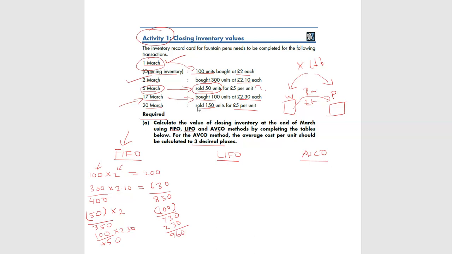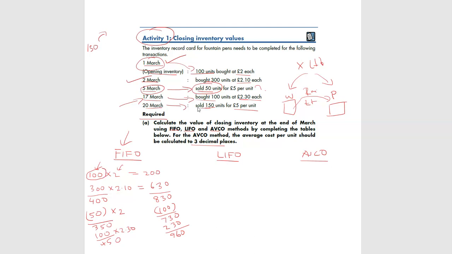And finally, on 20th of March I'm going to issue another 150 units. Now the question is where I'm going to issue the 150 units from. So let's write it down here because we don't have space. Remember, from the first 100 we used only 50, so we still have 50 left there.